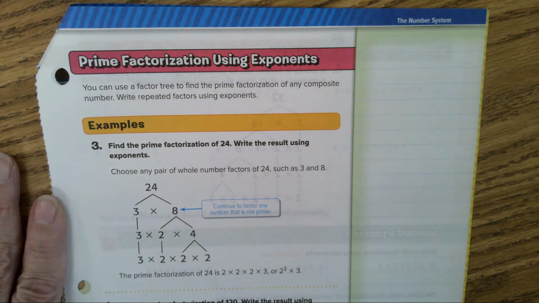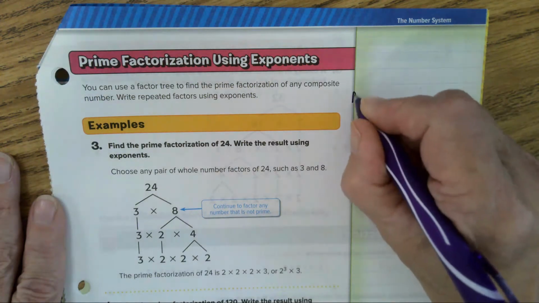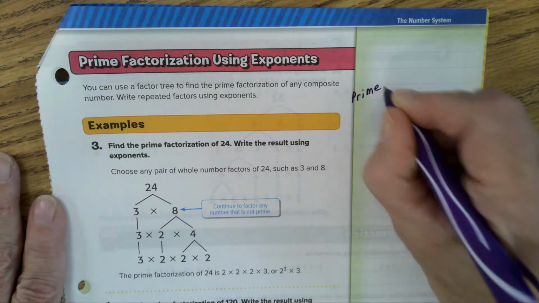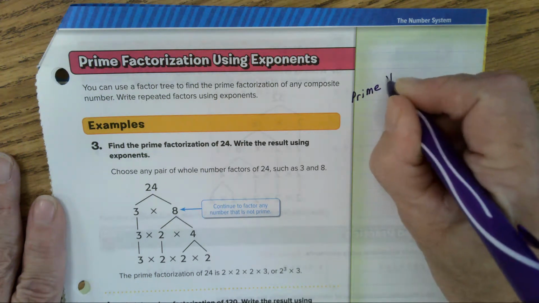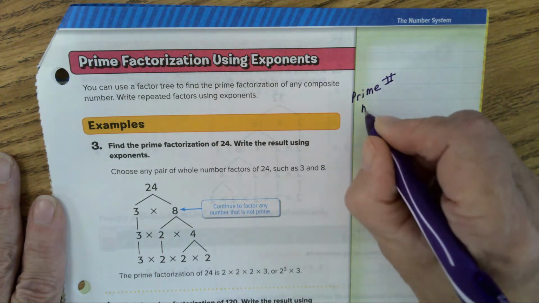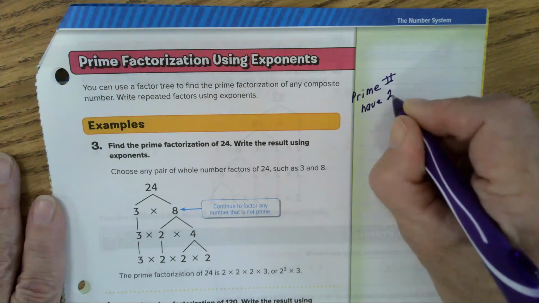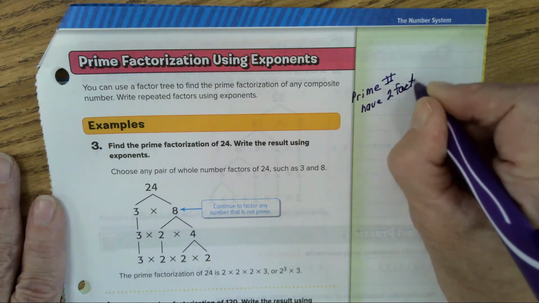What's the name for numbers that have exactly 2 factors? Prime. Remember, prime numbers, that's why it's prime factorization, have 2 factors. Composite numbers have more than 2 factors.